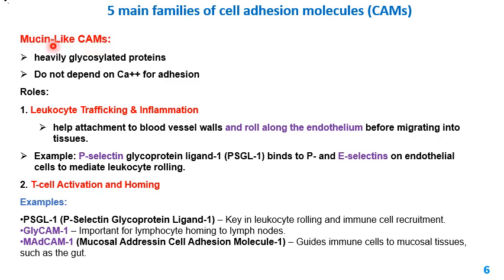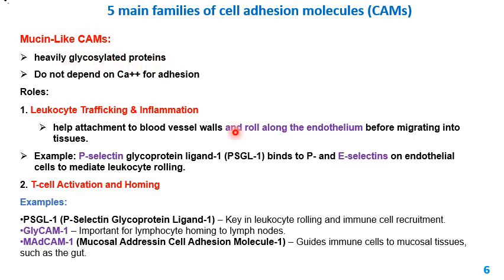And then you got to these other cool guys here. Mucin-like CAMs. When you see mucin, you think mucus. When you think of mucus, you should be thinking about polysaccharides on the surface of mucus, and especially polysaccharides that are negatively charged, because those are going to attract water. So those proteins are very much full of sugars.